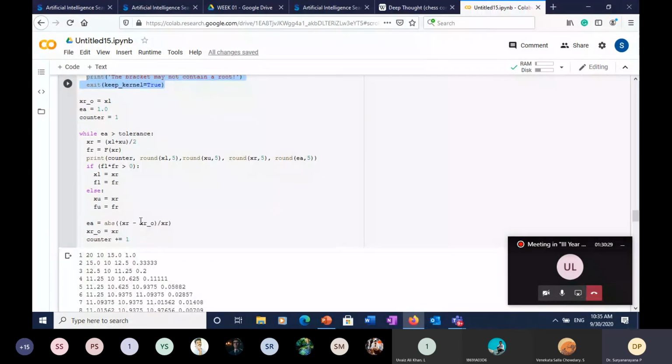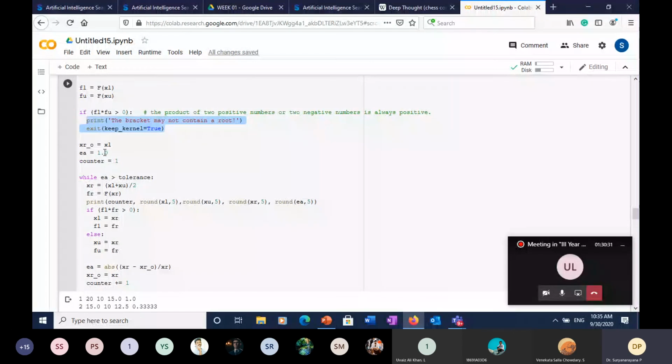Alternatively, if the product comes out to be negative, that means definitely one of them is positive and one of them is negative, in which case we can continue further.